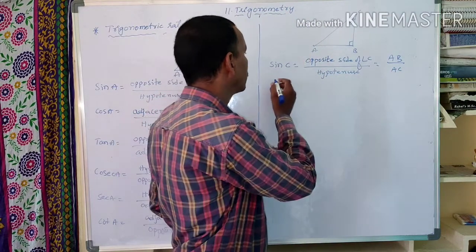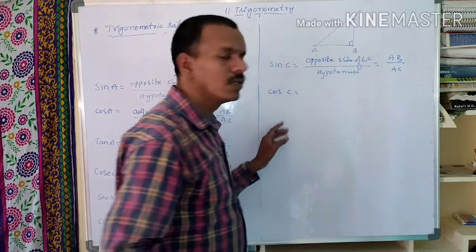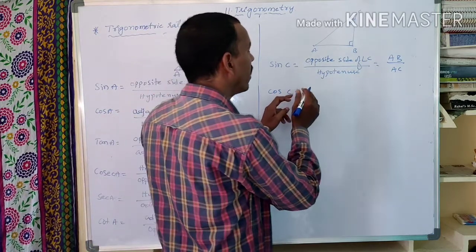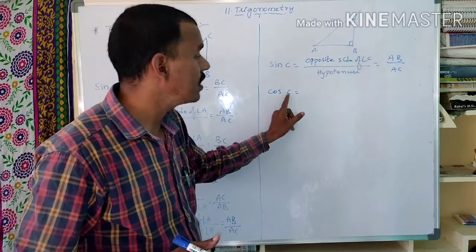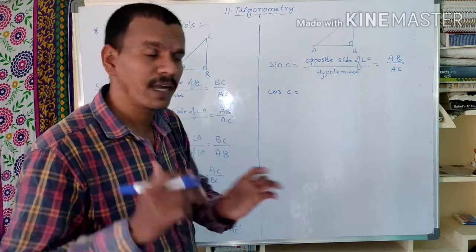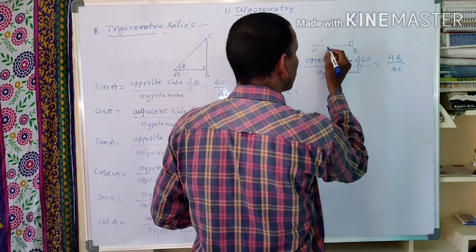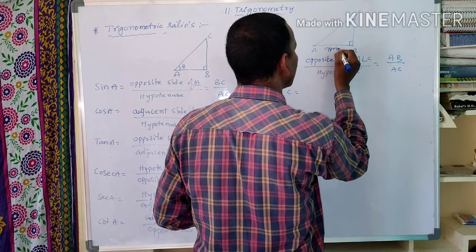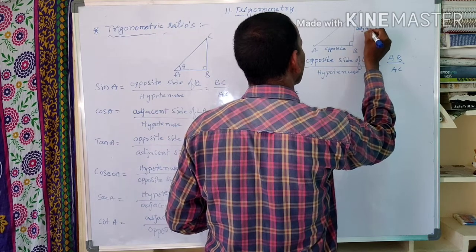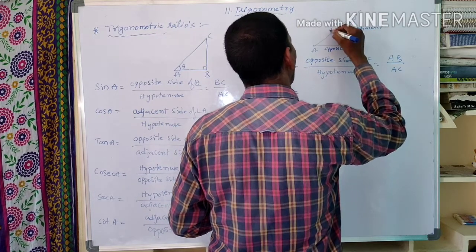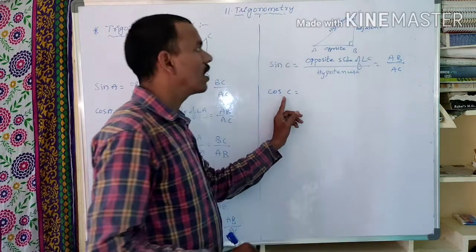Okay, next cos C. Cos C is the adjacent side of angle C by the hypotenuse. For angle C, AB is opposite, BC is adjacent, and AC is the hypotenuse.